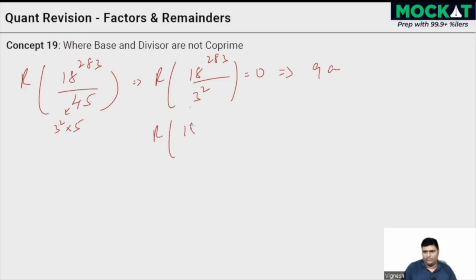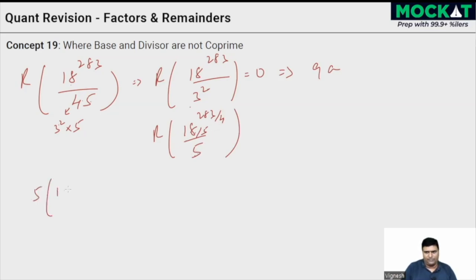Remainder of 18 to the power of 283 divided by 5. It's going to be 18 by 5, power by Euler's quotient of 5, which comes to 4. Here I can apply it because 18 and 5 are co-prime. 4 is going to be the Euler's quotient of 5 because for a prime number, Euler's quotient is 1 less than it.